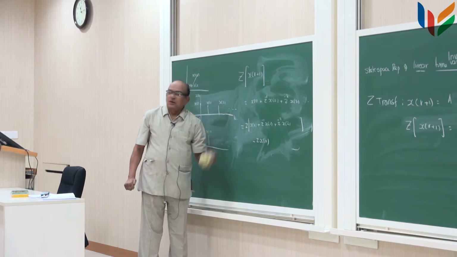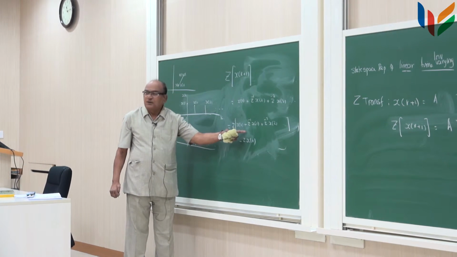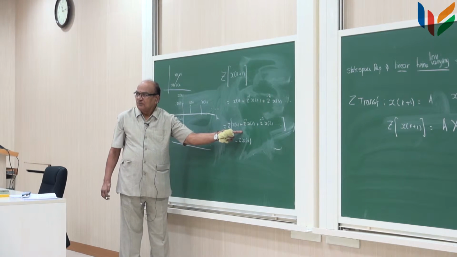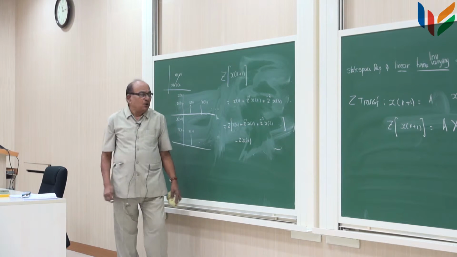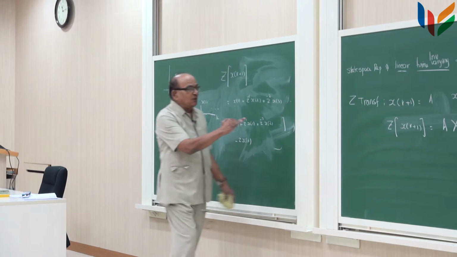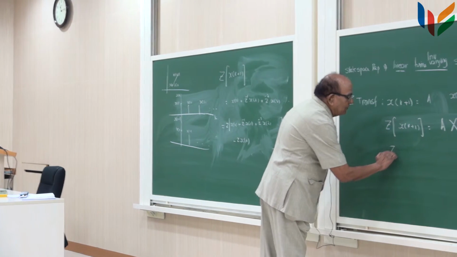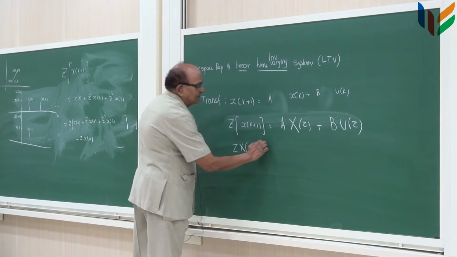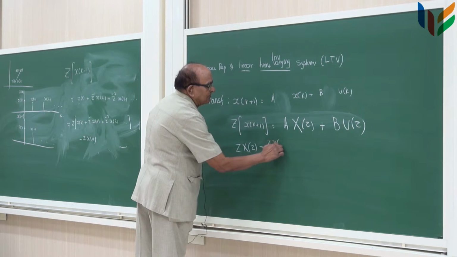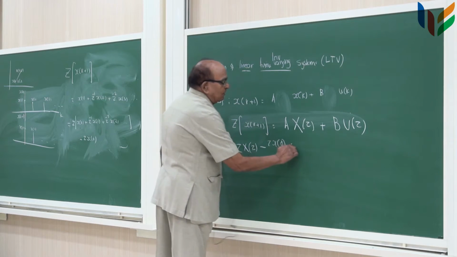And what is this function equal to? By definition, this is X(z), right? x0 plus z minus 1 x1 and so on. So this function I wrote here is equal to z X(z) minus z x0.